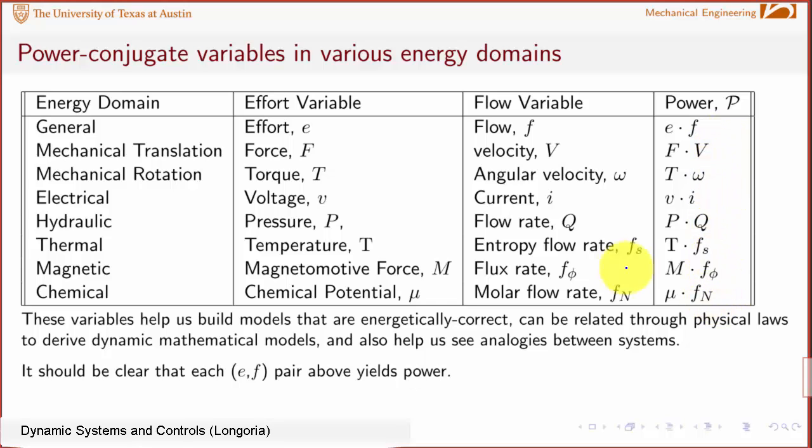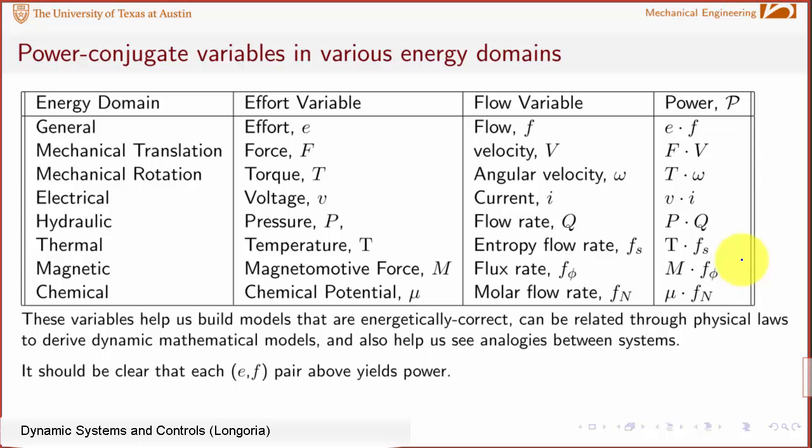And we're going to show that all of the methods that we'll talk about with regard to using a bond graph approach can adopt these types of power conjugate variables, and then we sort of have a unified way of looking at these systems.